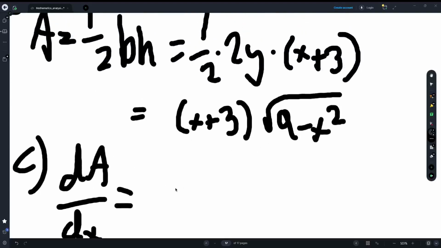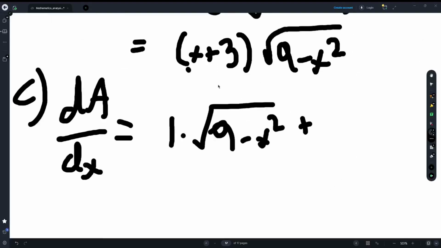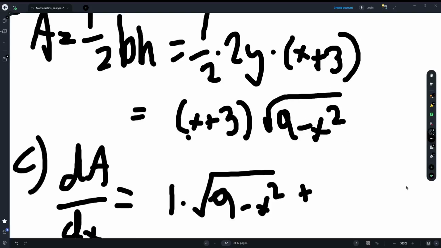That's just going to be 1 times this second function here, root 9 minus x squared.